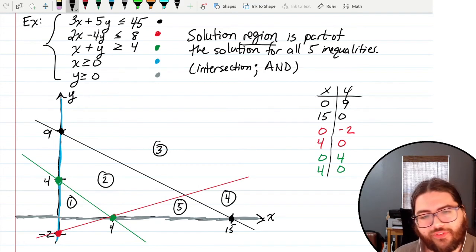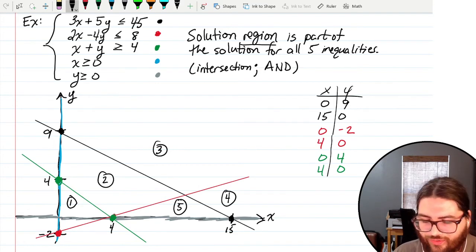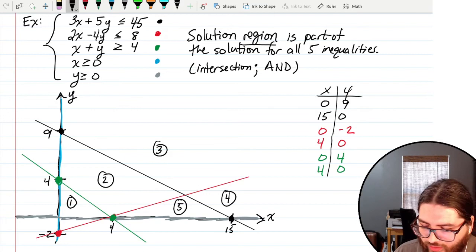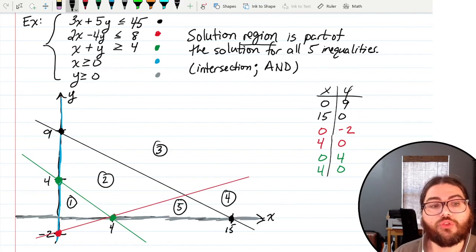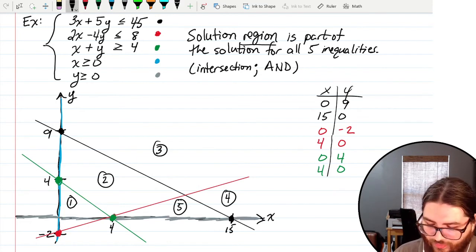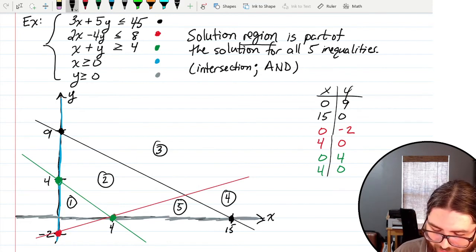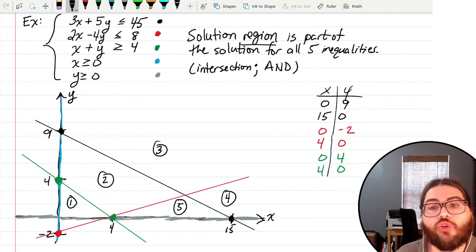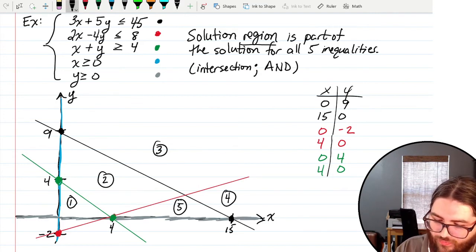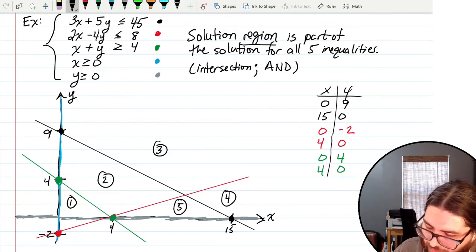And because I've got lots of different testing points, I'm going to try to use something which is always on one side of the line or the other. 0, 0 is going to be my best friend here. Because 0, 0 is always going to live on one side of the line or the other, I can use that as the universal test point to see if this works. Let me show you what I mean.